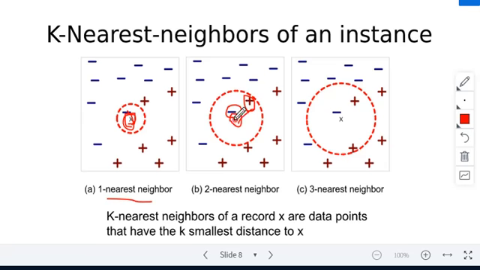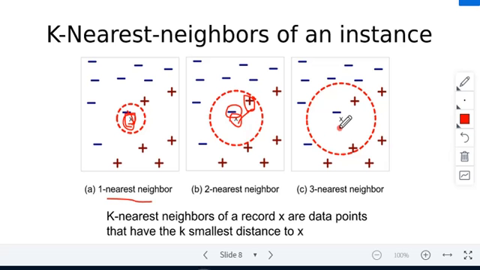If both are negative, no issues, we can clearly tell it will belong to the negative class. But if one negative and one positive has come, there is a tie. Yes or no? There is a confusion about which class label it belongs to. So we have to go for one more concept called voting. Clear? I'll come to it.